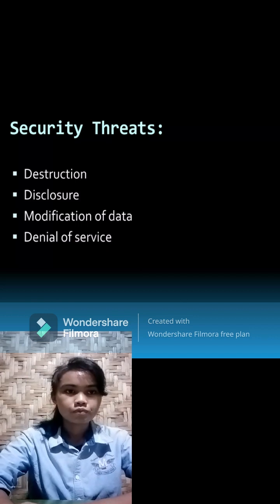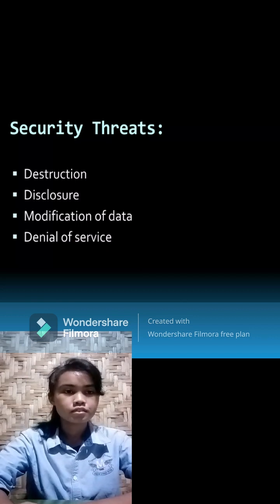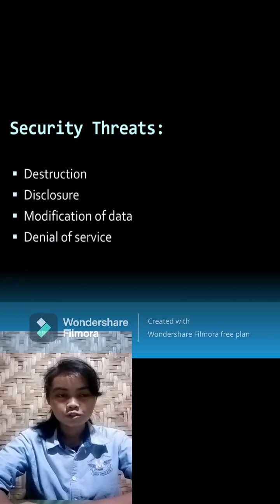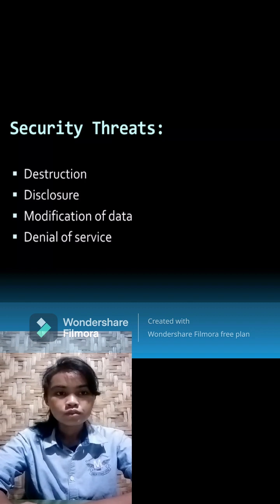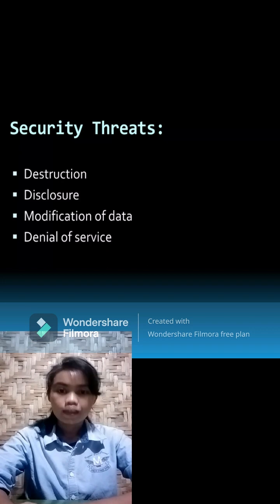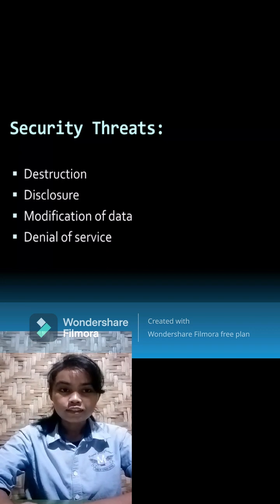Security threats. What are the security threats? The security threats are the destruction, disclosure, and modification of data, and denial of services. And that's all. The continuation will be by the second reporter.